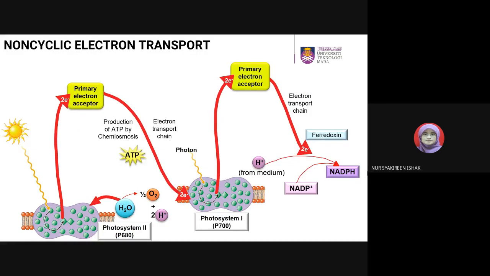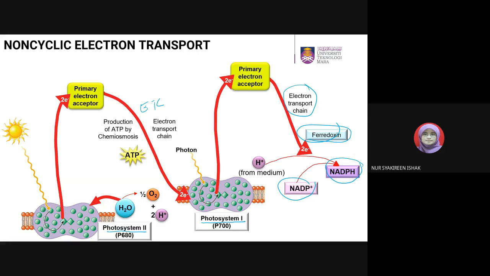Okay. Kalau tengok gambar ni, you all mesti boleh explain the transfer of electron starting from photosystem 2 along the ETC, okay, and then received by photosystem 1 and then released balik along another second set of ETC, which consists of ferredoxin and NADP plus, and then received lastly by NADPH.